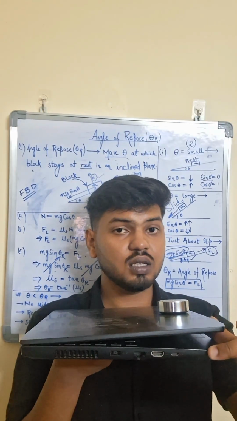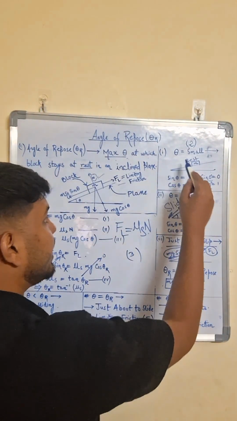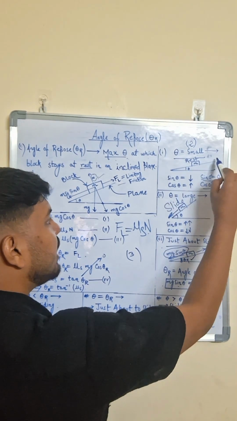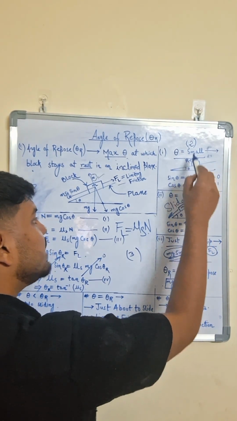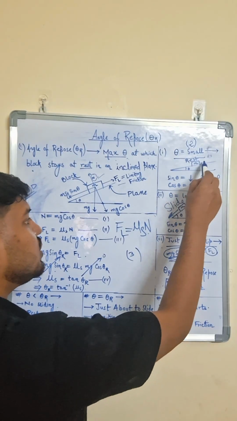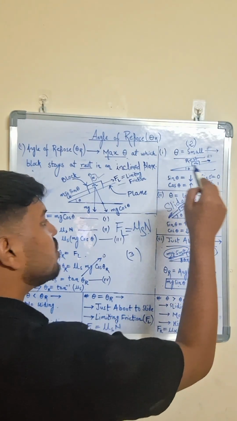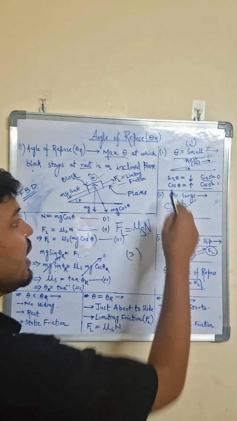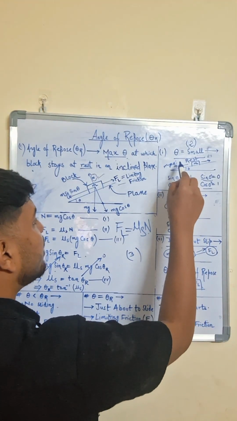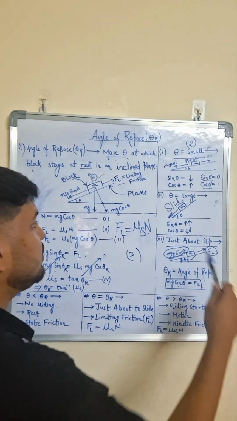At very small theta, the block is at rest. I have taken the block on an inclined plane and the block is at rest. Here theta is very small, so the friction which is opposing is overpowering mg sin theta, which acts this side and helps the block to slide.